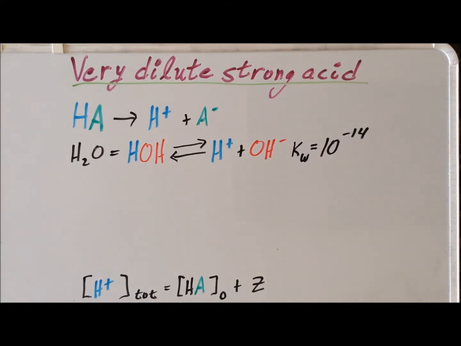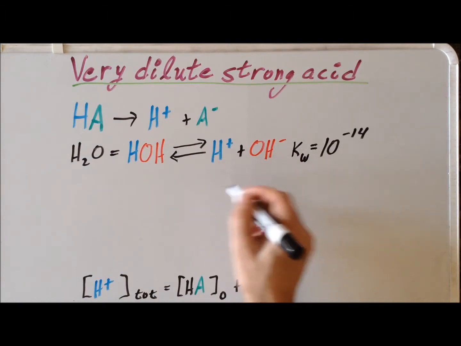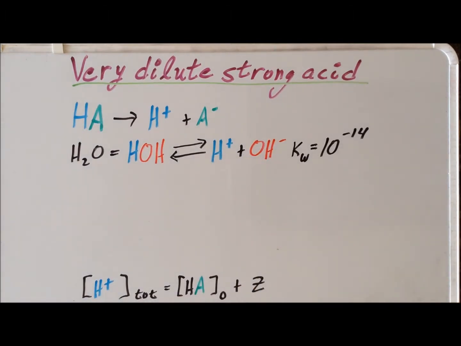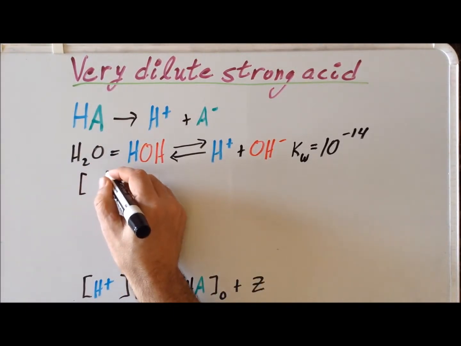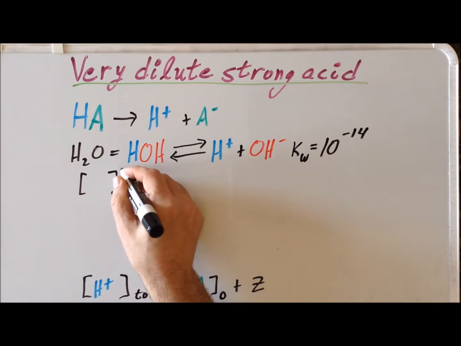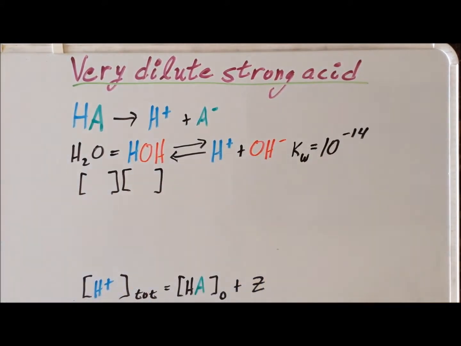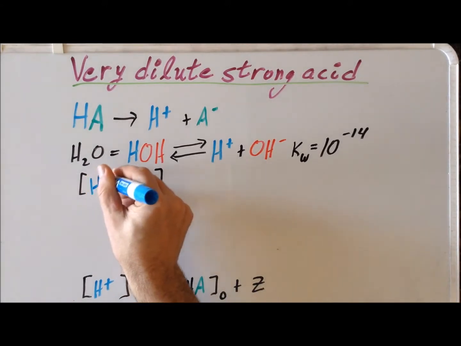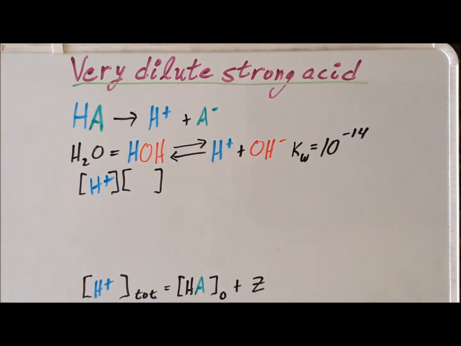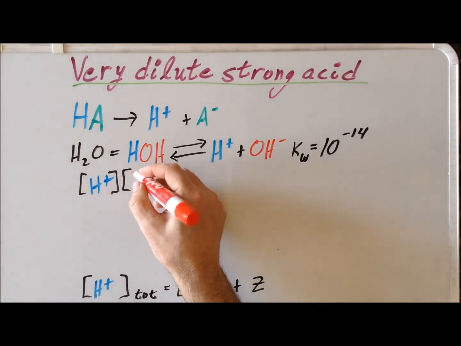Now we want to write down the equilibrium constant expression for this second reaction. So recall that in the numerator of the equilibrium constant expression, we always write the products. So we have the concentration of H plus times the concentration of hydroxide ion.